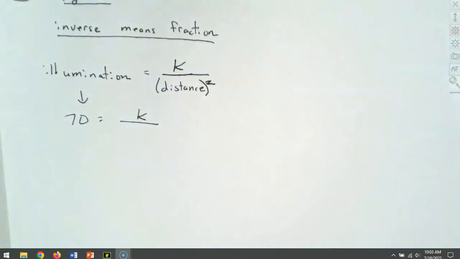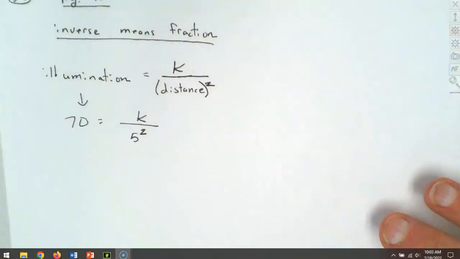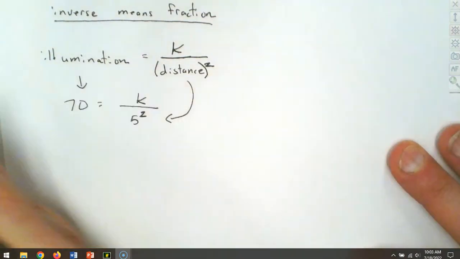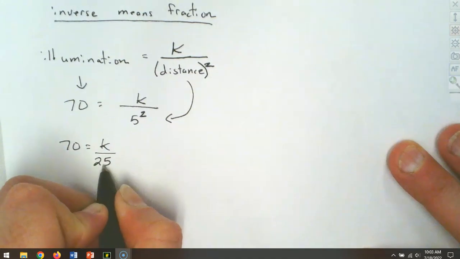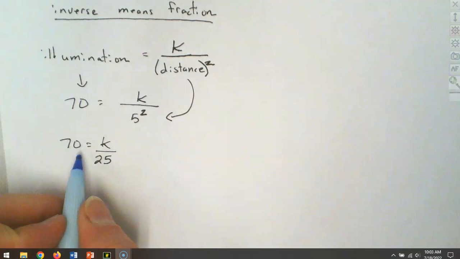Our source distance here is 25, isn't it? Nope, 5. Sorry about that. Illumination of the light source at 5 meters. So we want 5. And we're going to have to square that. So that's going to give us our 25. So now we know when we plug our values in that we have 70 equals k over 25. And all we have to do is cross multiply.